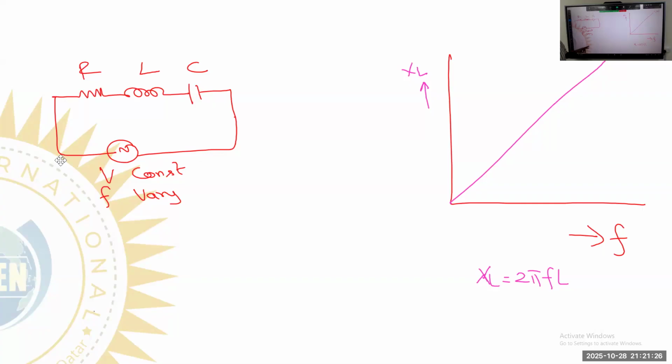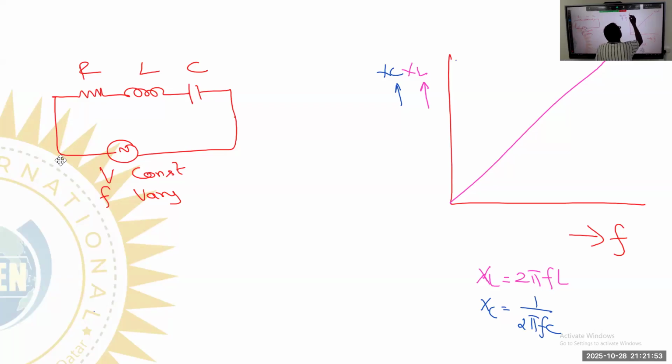We are applying the frequency. The same frequency is applicable for capacitance also. For example, say frequency F is equal to 0. What is the XL value? XL value is 0. What is the XC value? Put F equal to 0, 1 by 0, infinity.